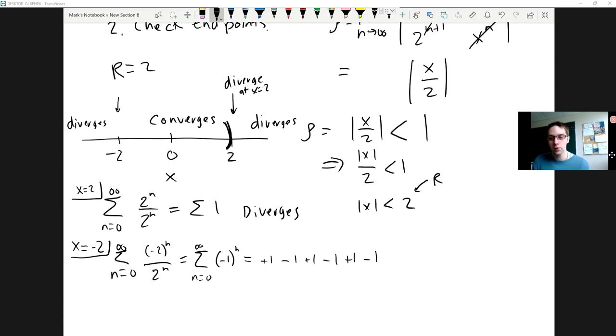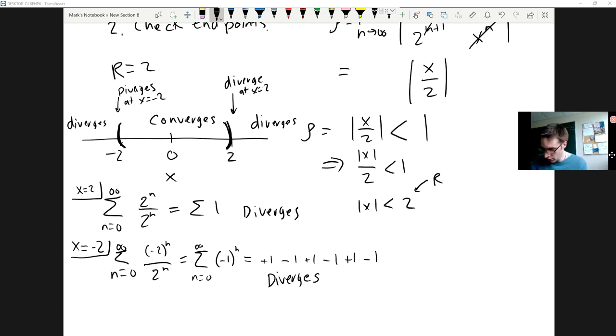And we argued previously that that one diverges. It's not really approaching any particular value. All right, and so we would put parentheses at the other end as well. We would say that it diverges at x equals negative 2.